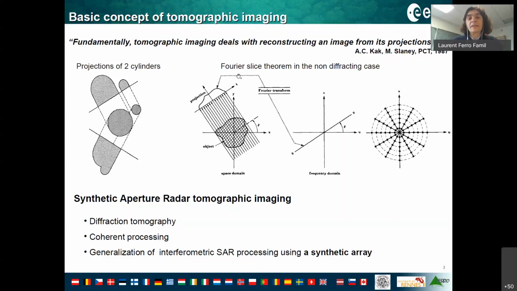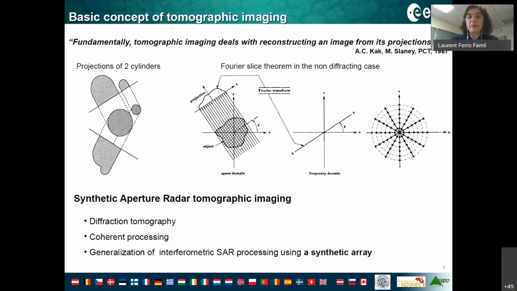On the right-hand side, you have a very famous application of tomography, which is specific to the non-diffracting case. It means you are emitting waves from locations here using specific emitters. The wave propagates along parallel paths, and when they go through a medium you want to analyze, to characterize, these waves undergo an attenuation.